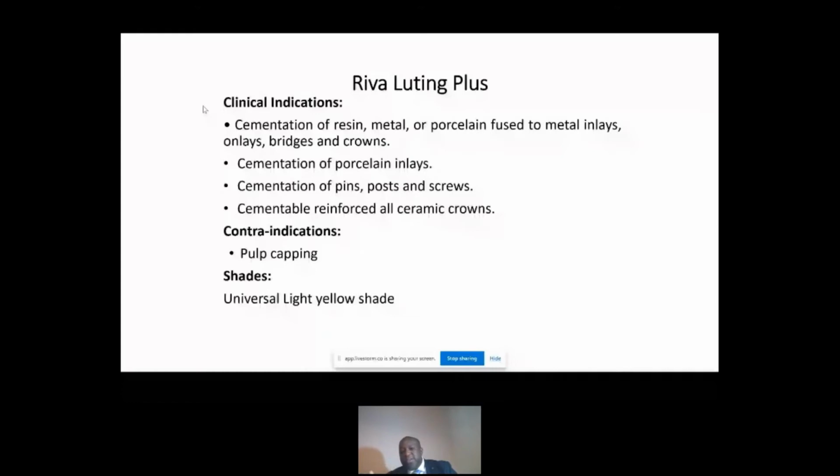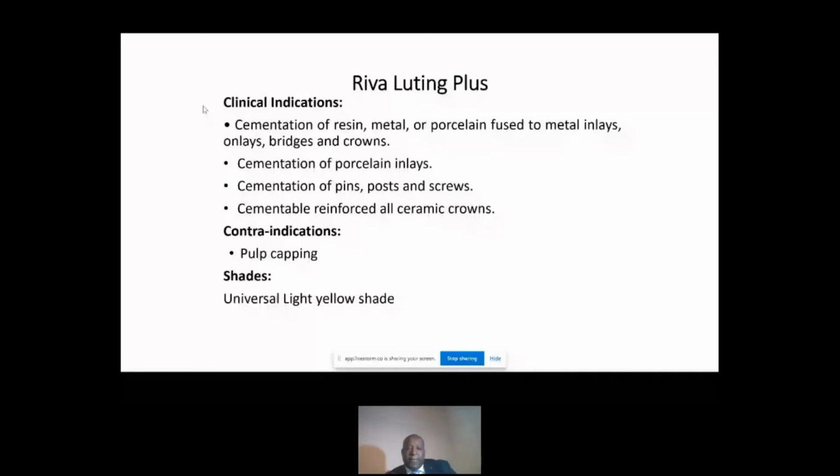It's also very good if moisture control is an issue. These are much more forgiving products than, say, a resin cement. The contraindications are pulp capping, and this product has a universal light yellow shade.